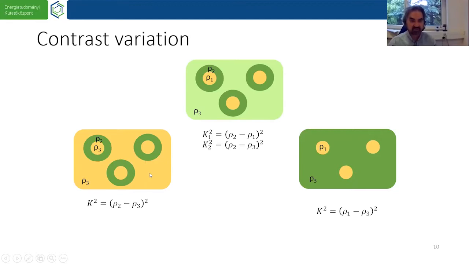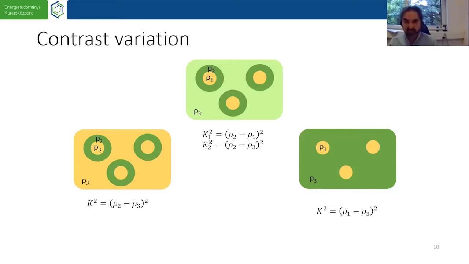For example, in this case, we see only the shell. In this case, if these contrasts are different, then we see both the shell and the core. And if we succeed in matching the contrast of the matrix and the shell, then we can see only the core.